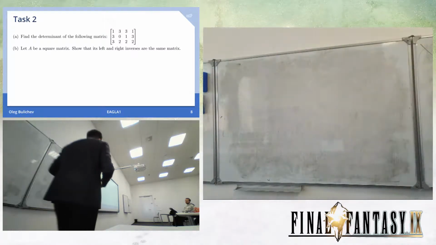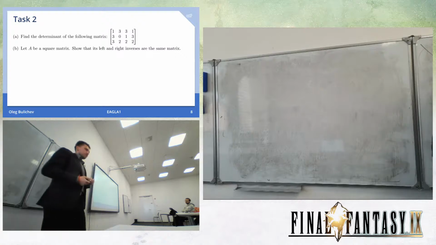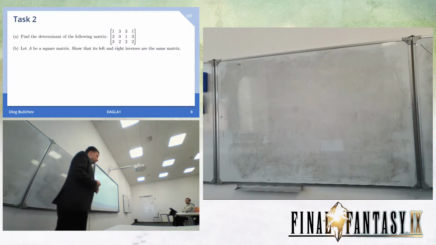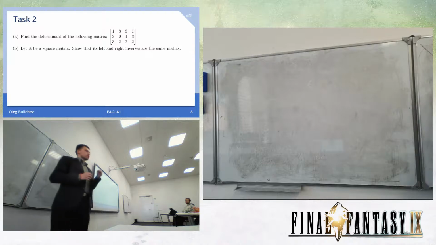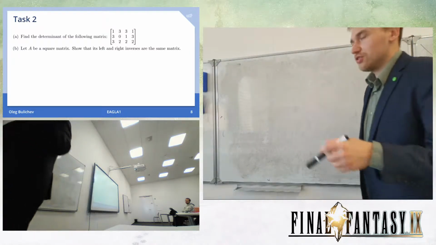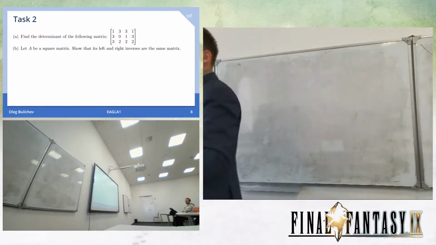About this one, I know that some people wrote 0. In this case, it's not defined according to the definition. But if you write explicitly that it's a non-square matrix, that is the reason why you put the determinant equal to 0.